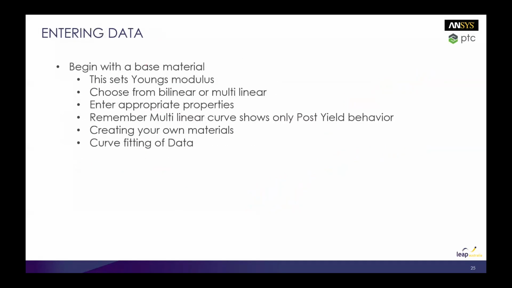Okay, so when we enter the data, you begin with a base material. This sets your Young's modulus. You then choose bilinear or multilinear, and whether it's kinematic or isotropic, and then you enter the appropriate properties.